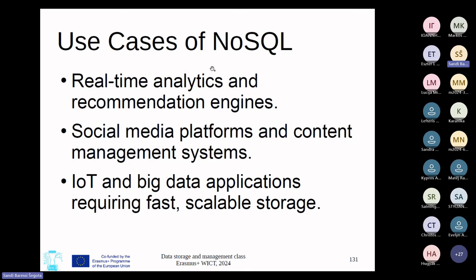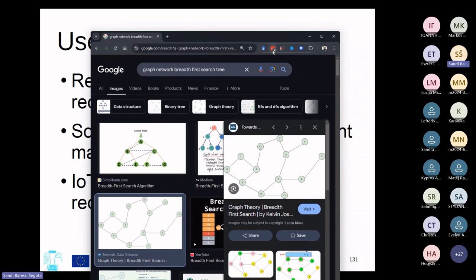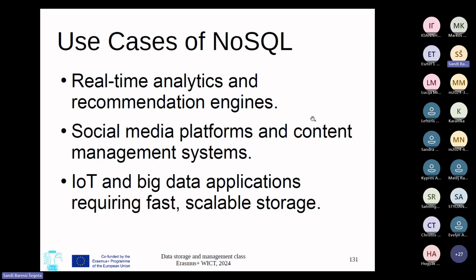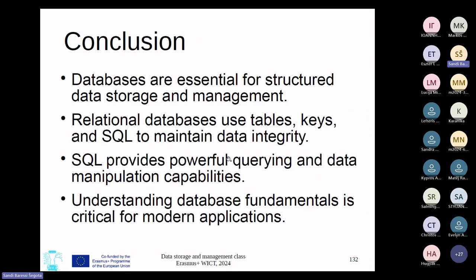If you talk in introduction to AI or something, clustering techniques are used with NoSQL databases to figure that out, like people who bought this also like this, etc. Social media platforms, of course, because it's nice representing engagements with a graph. It's much simpler than looking up tables. And again, IoT, big data applications requiring, as I mentioned, fast scalable storage, because tables aren't necessarily scalable, as I talked about.